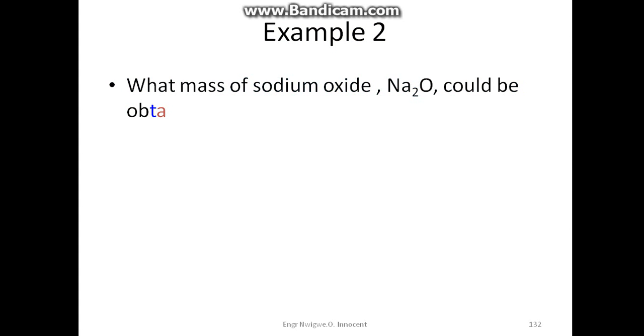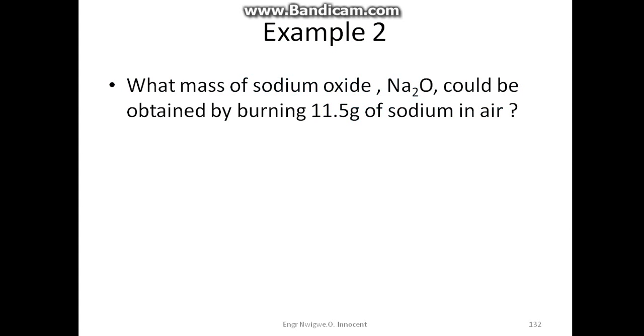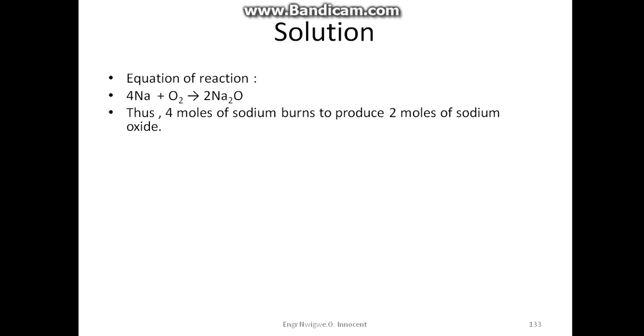Example 2. What mass of sodium oxide, Na2O, could be obtained by burning 11.5 grams of sodium in the air? Solution. Equation of reaction: 4 atoms of sodium react with 1 molecule of oxygen to give 2 molecules of sodium oxide. Thus, 4 moles of sodium burn to produce 2 moles of sodium oxide.